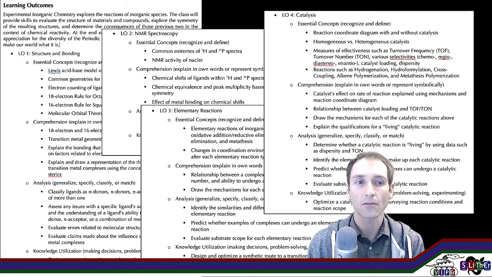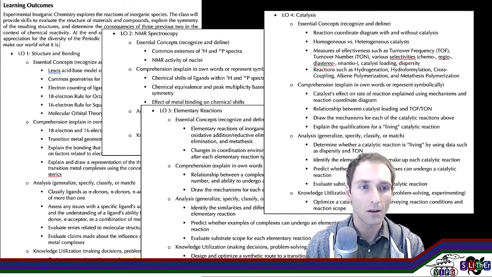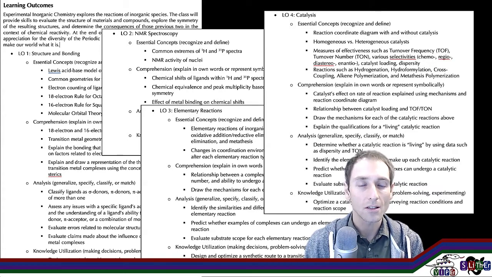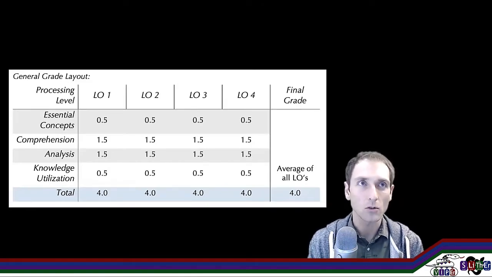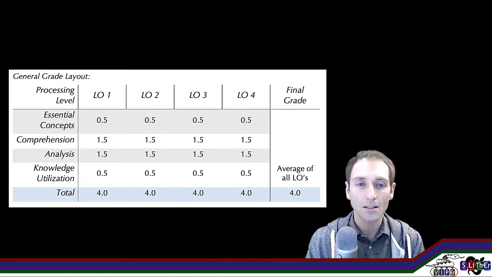Yes, I can classify ligands as sigma and pi donors, and sigma and pi acceptors. So then there's no longer this issue of how much of your grade is related to partial credit? So let's consider, I think I'm about to get to that later.